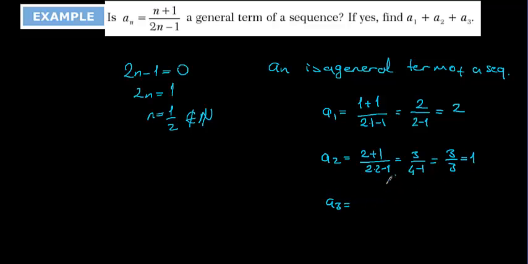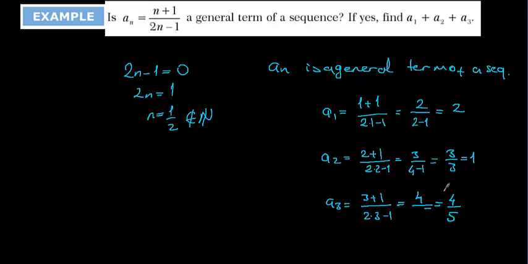And a3 is equal to (3 plus 1) over (2 times 3 minus 1), which is 4 over 2 times 3, 6 minus 1 is 5, so 4 over 5.